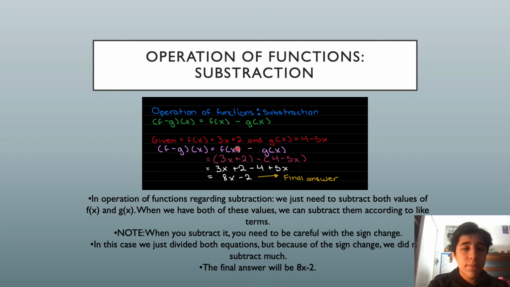When we subtract them, because of the sign change, the 4, which is positive, becomes negative, and the 5x becomes positive. So in result, we will have 3x plus 2 minus 4 plus 5x, and when we add the like terms, it will be 8x minus 2.